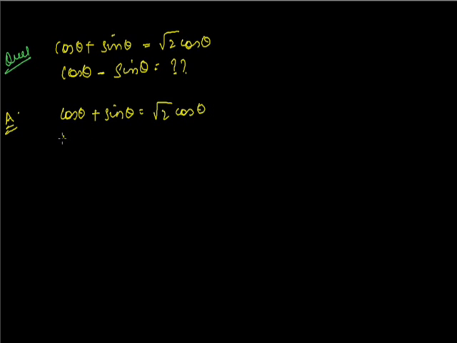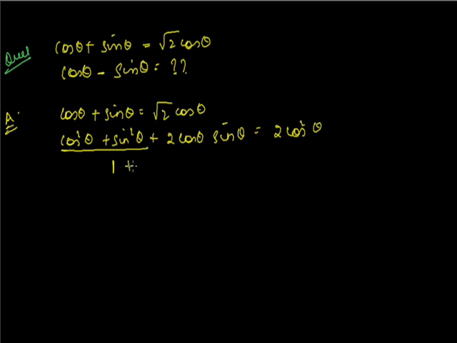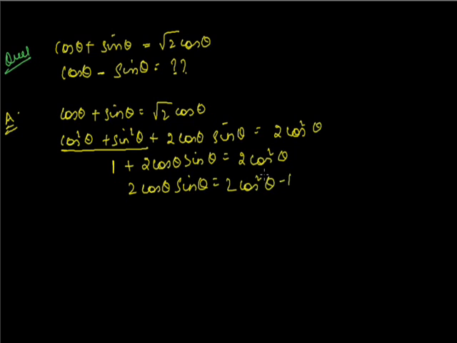By squaring on both the sides, I'll be getting cos square theta plus sin square theta plus 2 cos theta sin theta is equal to 2 cos square theta. As we know that cos square theta plus sin square theta is 1, this will be 1 plus 2 cos theta sin theta equal to 2 cos square theta. So I can derive the value 2 cos theta sin theta as 2 cos square theta minus 1.